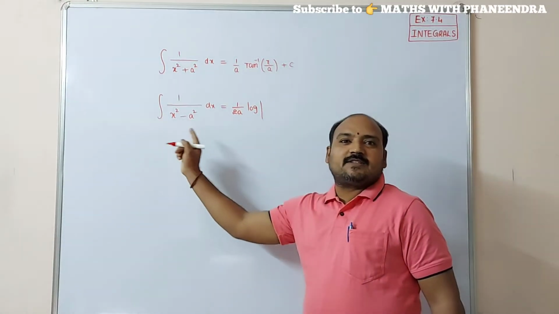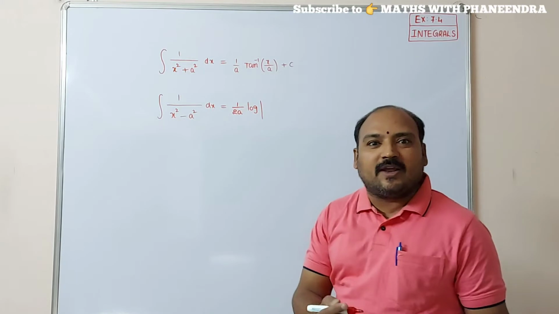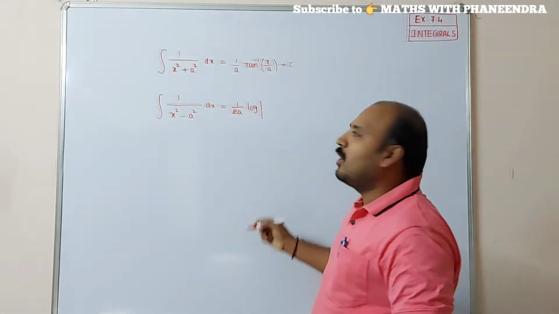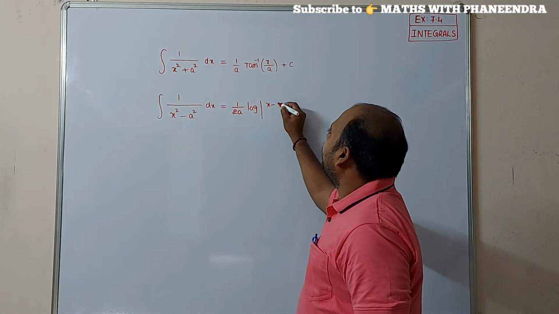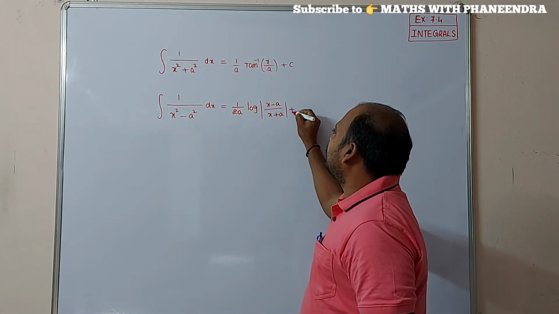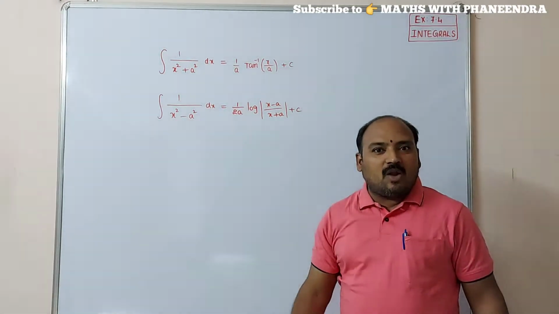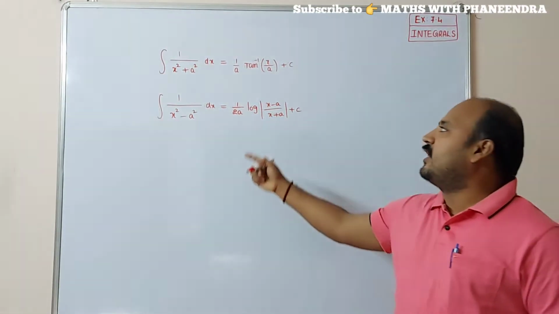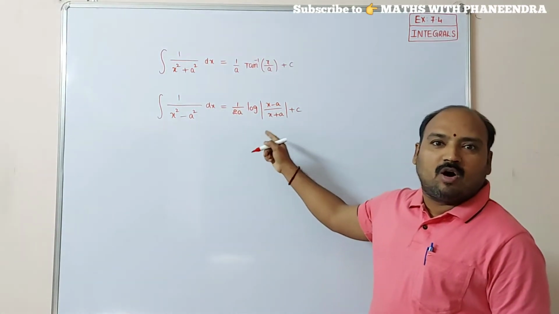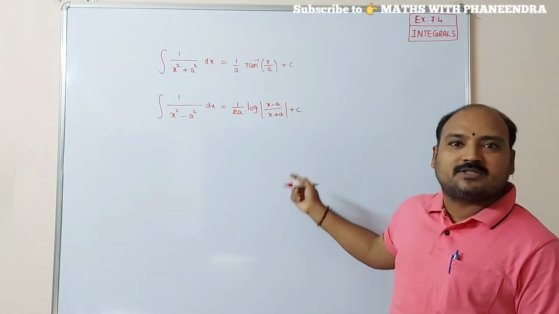The factors for x square minus a square are x minus a and x plus a. You write in the numerator x minus a, in the denominator x plus a. This way, you have to remember, dear students: 1 by 2a log mod x minus a by x plus a plus c.